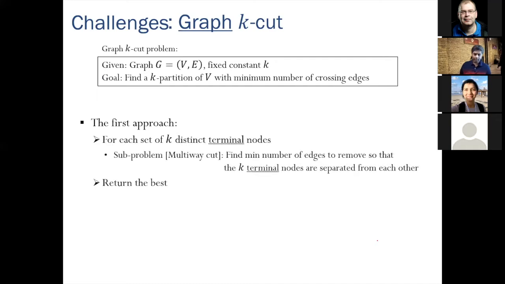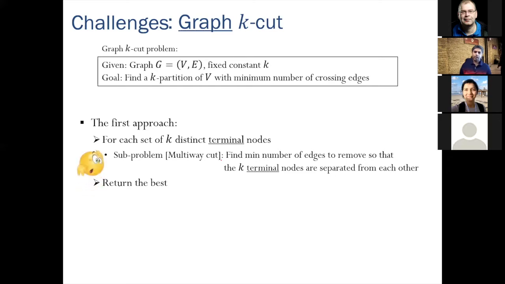One could try to extend this approach for larger constants K. For each set of K distinct terminal nodes, solve this subproblem, namely find a minimum number of edges to remove so that the K terminal nodes are separated from each other, and return the cheapest. Now, this approach would be viable if we can solve this subproblem.